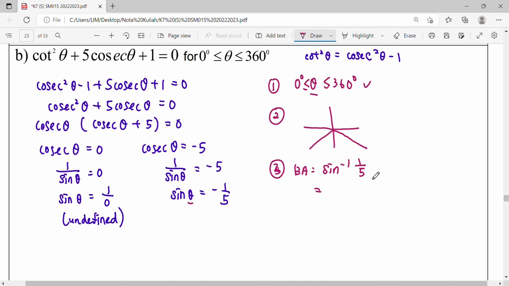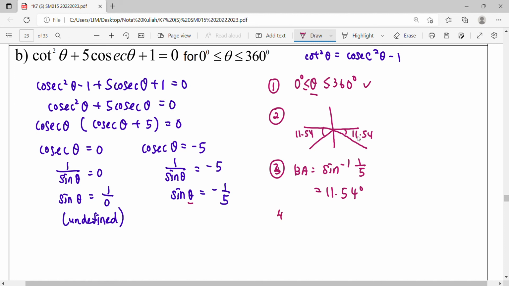So we can get our basic angle here, 11.536, which we round off to 11.54. So here is the location of our basic angle.